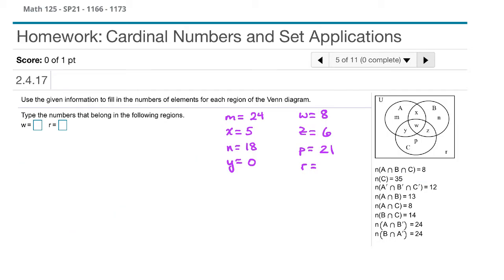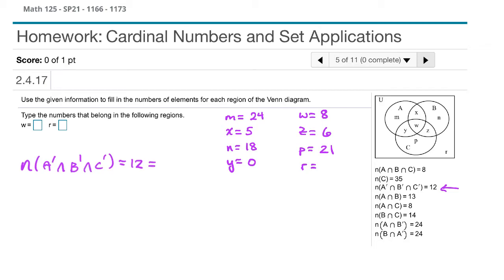Finally, the last set that we haven't used is the cardinality of the intersection of the complements of A, B, and C. A complement intersect B complement intersect C complement has a value of 12.